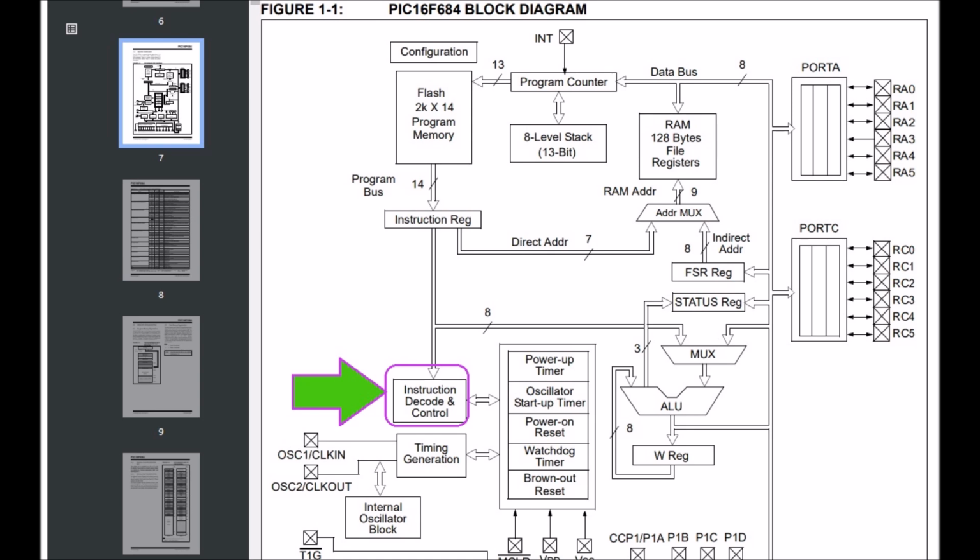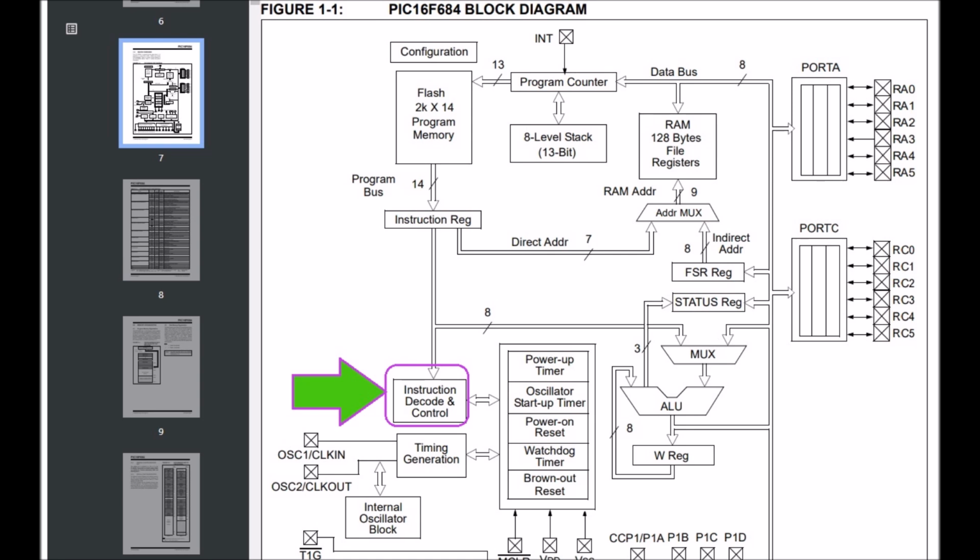Central coordination: it acts as the brain of the CPU, coordinating all activities based on the instructions. Efficient execution: it ensures that instructions are executed efficiently and correctly. Flexibility: it allows for the execution of a wide variety of instructions, providing flexibility in programming.